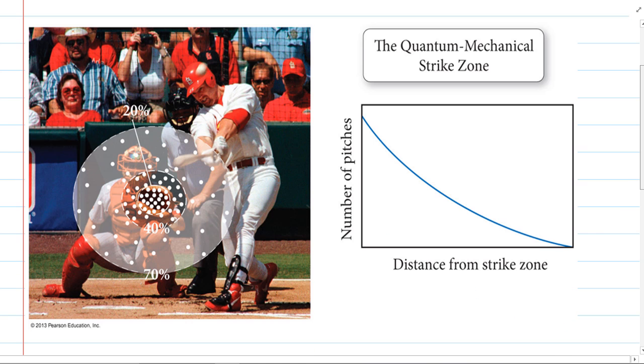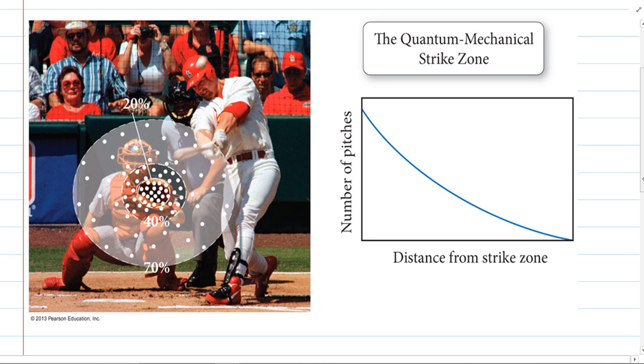Now the equivalent to that might be something like pitching or throwing a bunch of baseballs. If you were to track the paths of baseballs, pitch after pitch after pitch, you would find that there's going to be a greater concentration in one area than in this area as compared to this area out here.